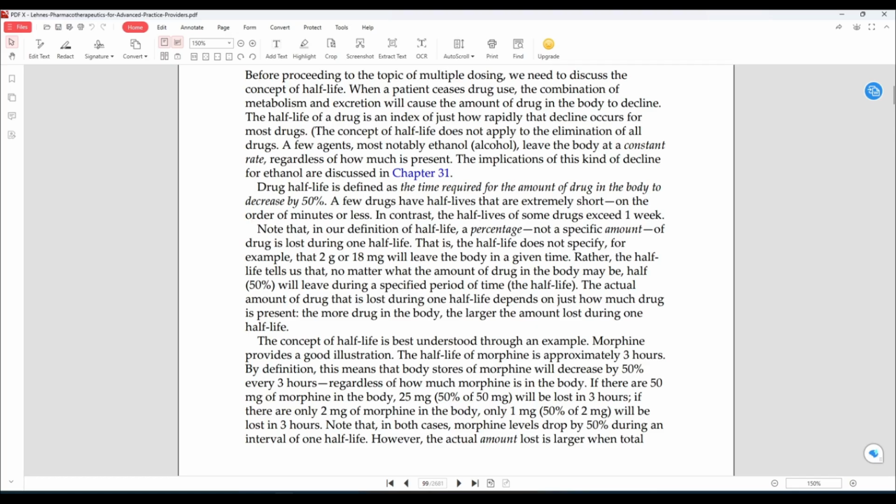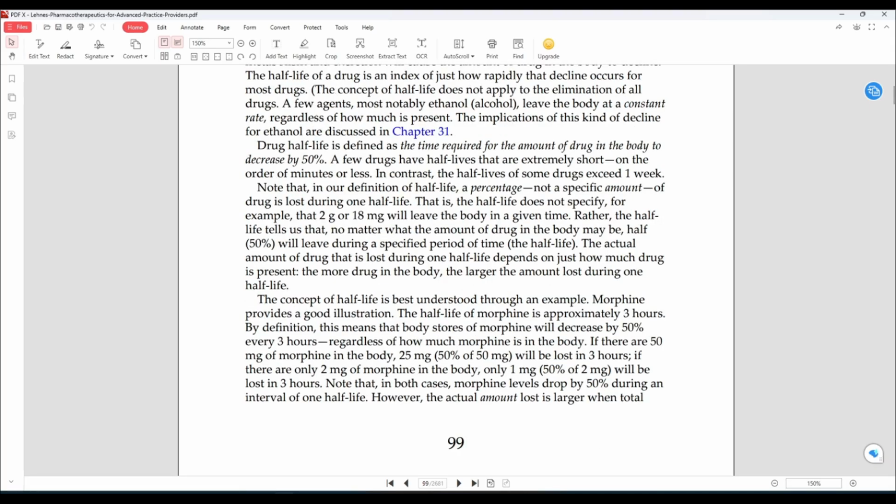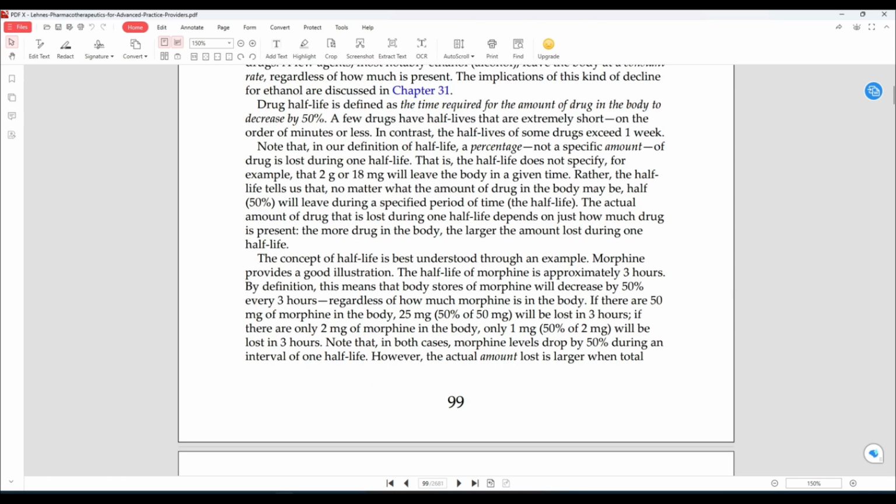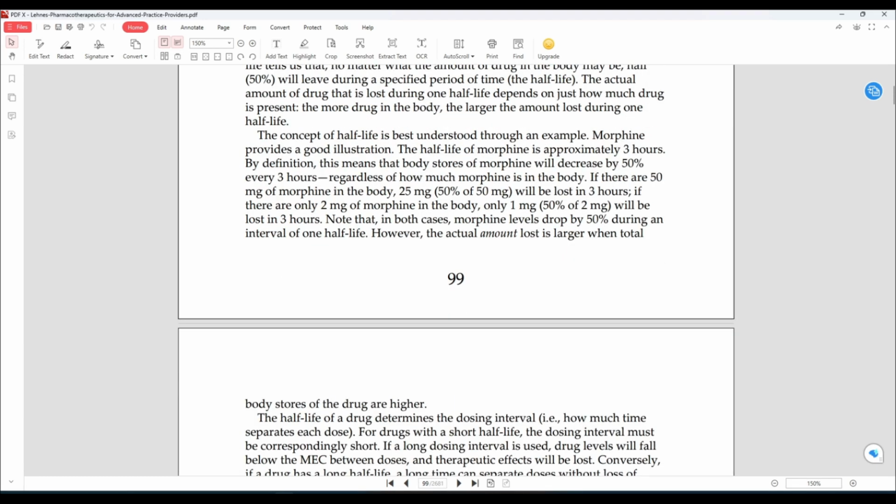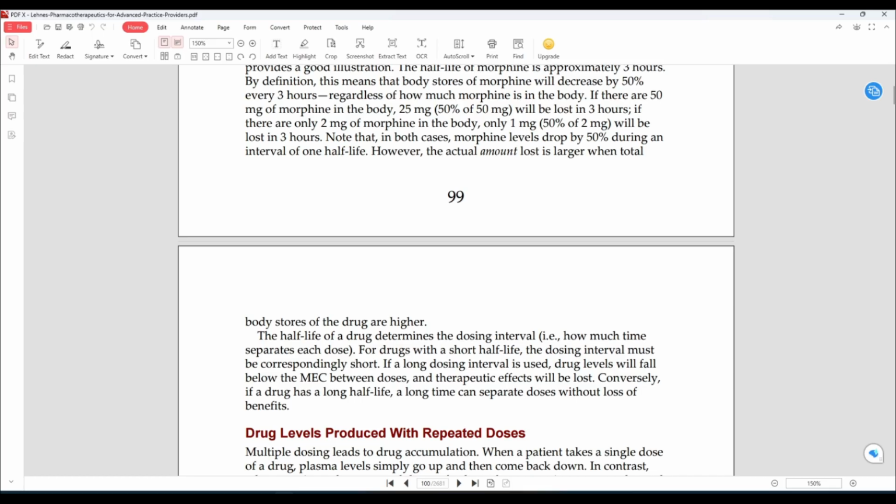If there are 50 milligrams of morphine in the body, 25 milligrams will be lost in 3 hours. If there are only 2 milligrams of morphine in the body, only 1 milligram will be lost in 3 hours. Note that in both cases, morphine drops by 50% during an interval of one half-life. However, the actual amount lost is larger when total body stores of the drug are higher.